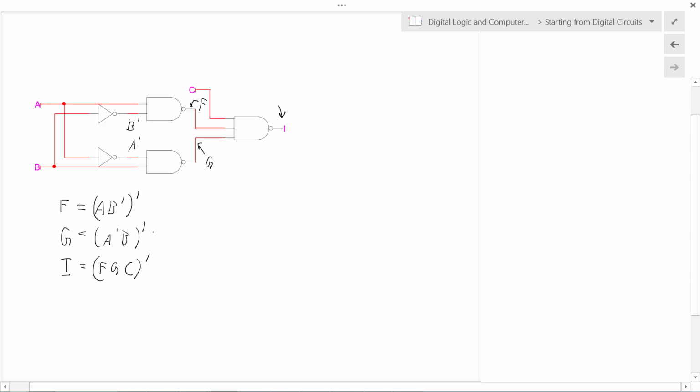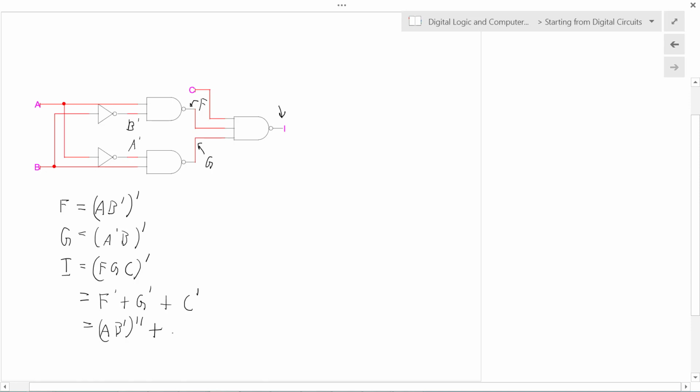So let's solve here. How do we solve? Well, let's use De Morgan's law first on I, and we will get F prime or G prime or C prime. Now we can substitute for F, which is equal to A, B prime, quantity prime, double prime.